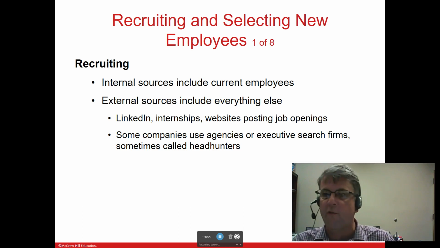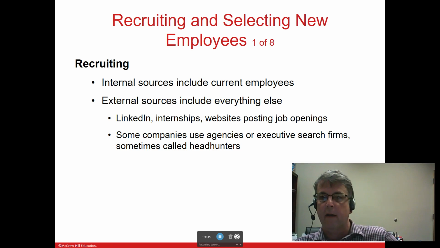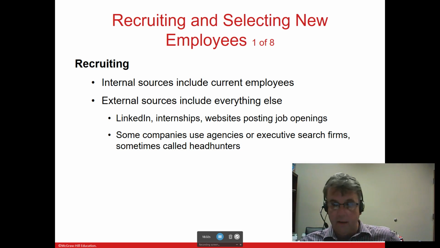Now, I've worked for a number of banks, and I worked for the same bank in two different places. In one place, they went with a lot of external sourcing. Okay. I was a banker. I was a top dog. I was number one. And I'd done it for a long time, a while. And I wanted to move up.